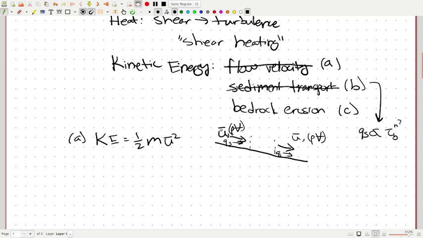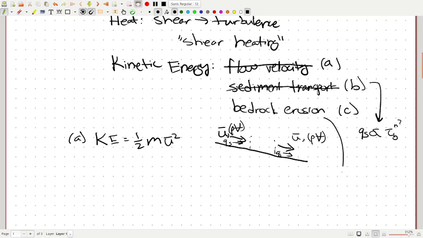So, as I was saying, sediment transport is balanced, and then bedrock erosion, if there's some material that's already entrained, that's just part of that sediment transport term. And so bedrock erosion is a way of producing brand new material in motion.